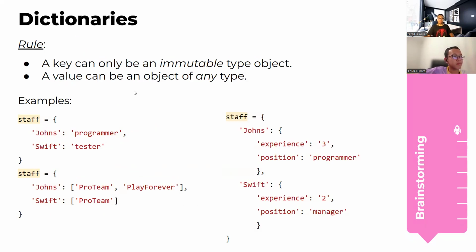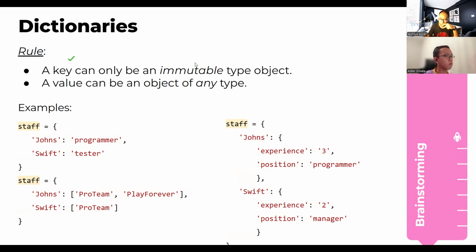Same also with dictionary. Let's talk about the rules about dictionary. The rule is that the key part of a dictionary can only be filled with an immutable type object, as I already told you earlier, right? But the value can be any type of object. For example, if you see here, this is the dictionary, right?